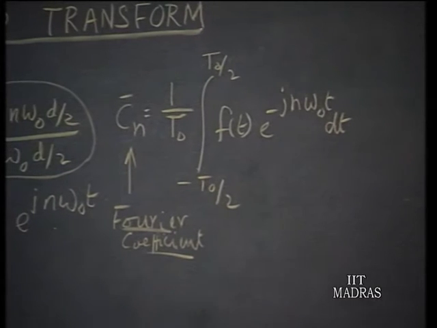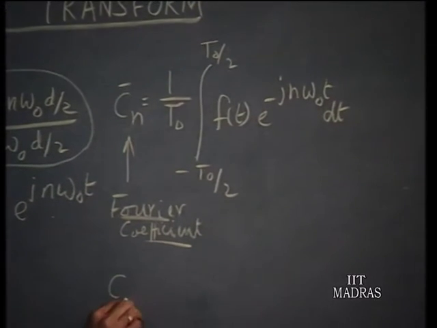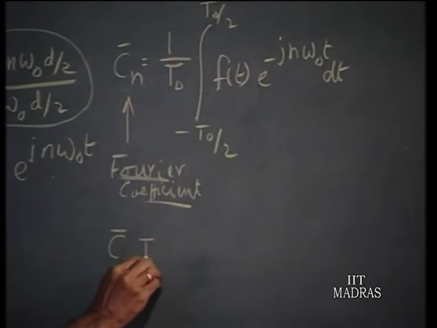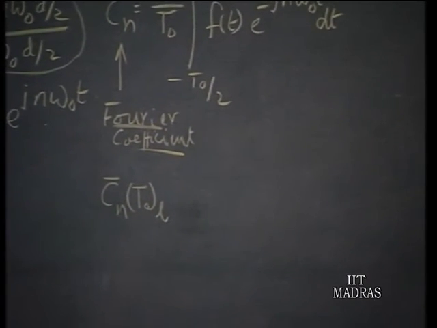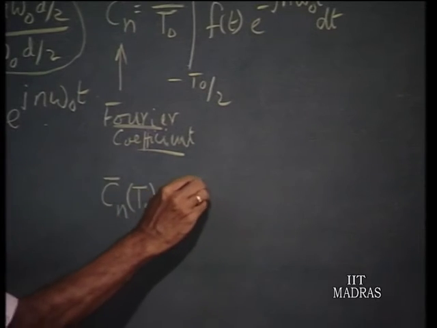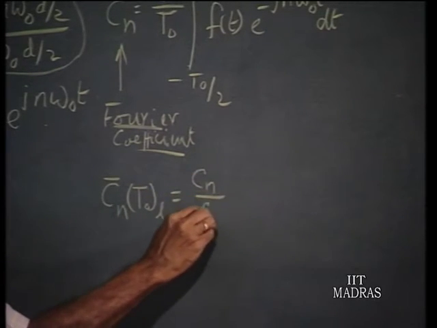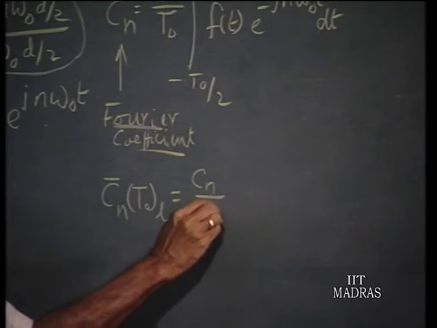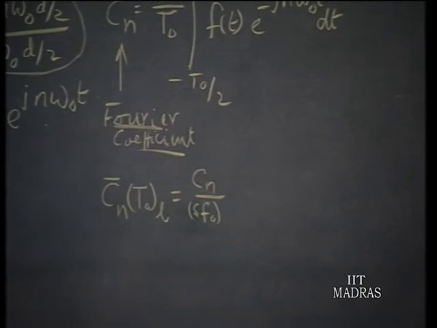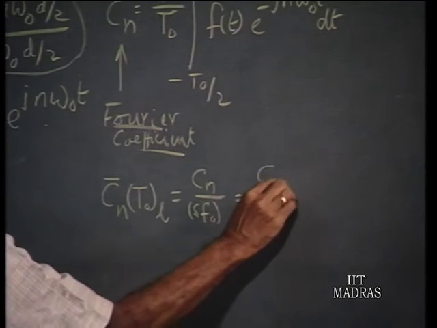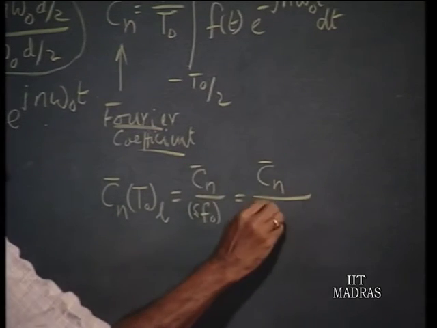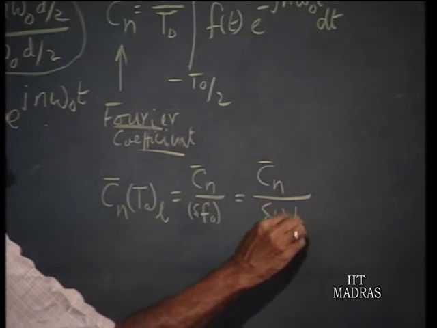Instead of that, if I plot C n times T naught, I can write this as C n times delta f naught, because if delta omega naught is the fundamental angular frequency, delta f naught is the corresponding frequency. So, I can write this as C n upon delta omega naught upon 2 pi.